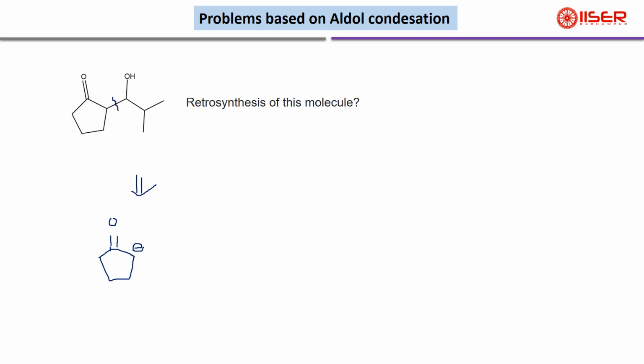So what is the synthetic equivalence? As negative charge at the alpha carbon is stable, we are keeping negative charge at this place, and as oxygen is attached to this carbon, we are keeping positive charge at this place. So these are the two synthetic equivalents. What are the synthons?